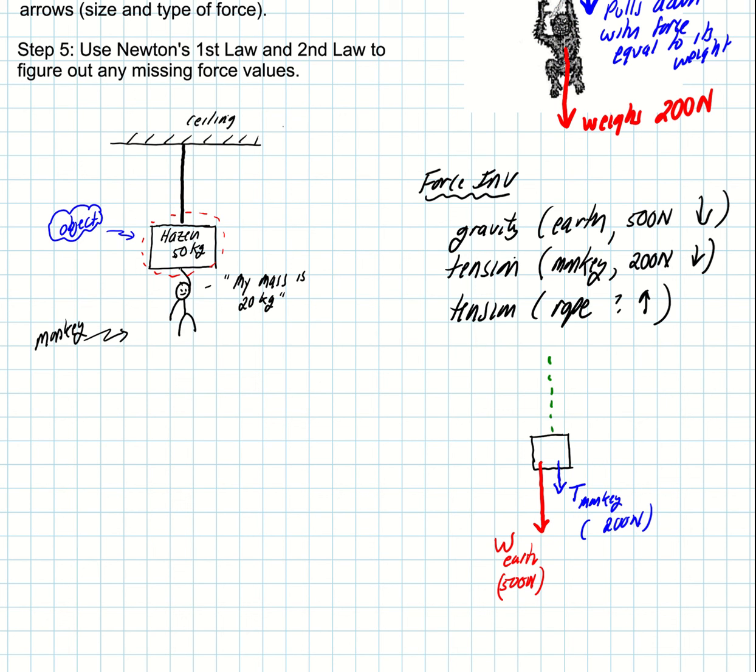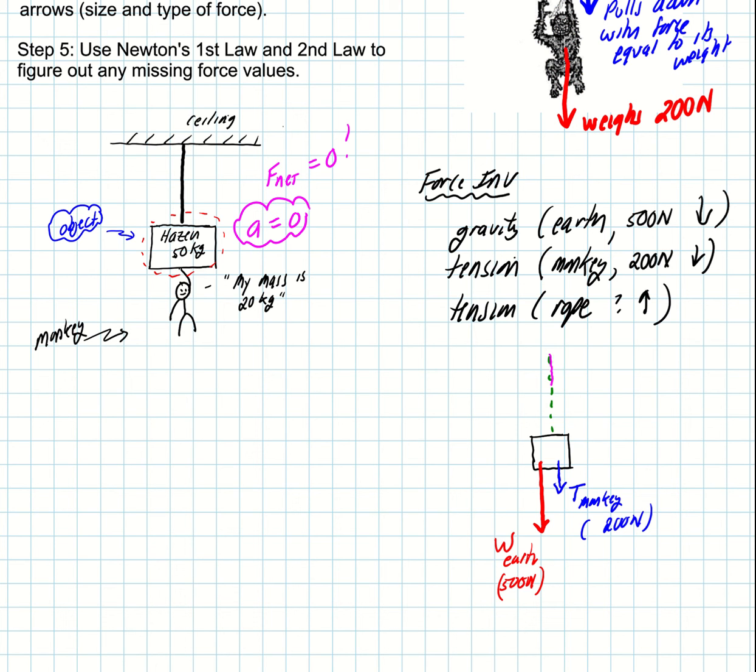Well, this is again where we go back to the idea that the box is not accelerating, so the net force must be 0. Which means I need as much up force as I have down. So how much down force do I have? 500 from gravity, 200 from the monkey, that's 700. I need 700 newtons of up force because there's no acceleration, so the total force has to be 0.